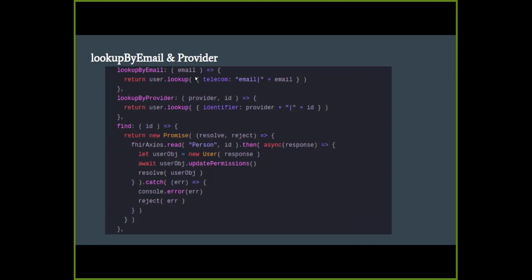Then what do you want the software to return? So that's what it returns. Then if you want to find the ID of the person, again, fire Axios, it wants to read that data and give you the response.